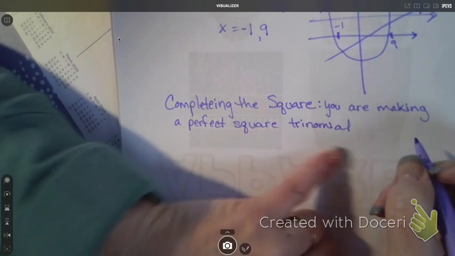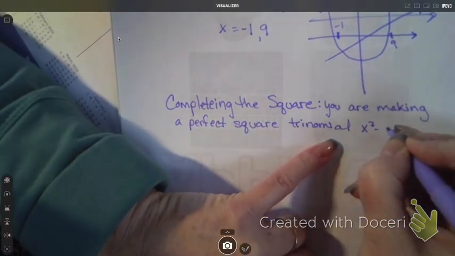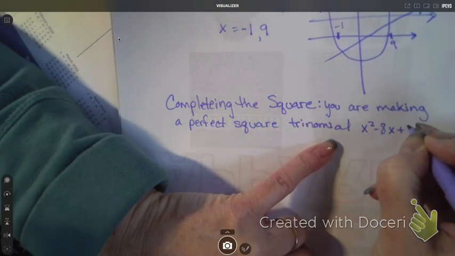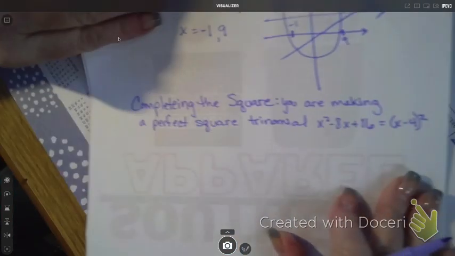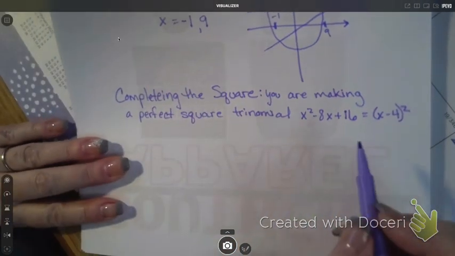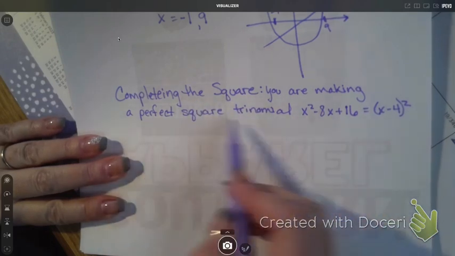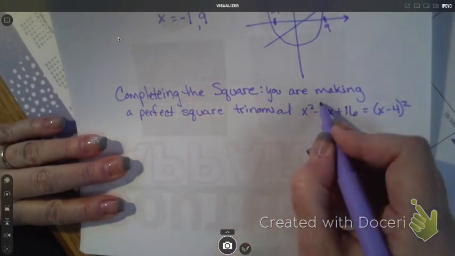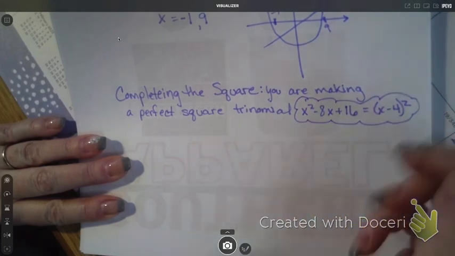Okay, what a perfect square trinomial is, x squared minus 8x plus 16, because it was x minus 4 squared. And I went off my sheet, sorry. Does that make sense now? We are going to be making a perfect square trinomial, and this is your example of what a perfect square trinomial is.